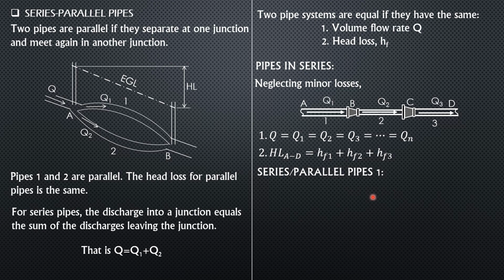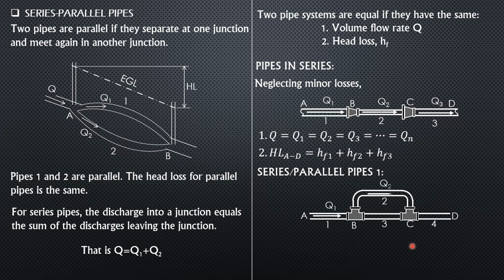Then we have series parallel pipes, case 1. In this situation here, notice that pipes 2 and 3 are parallel because they separate at junction B and meet again in another junction C. So for the flow rate, Q1 equals Q4.